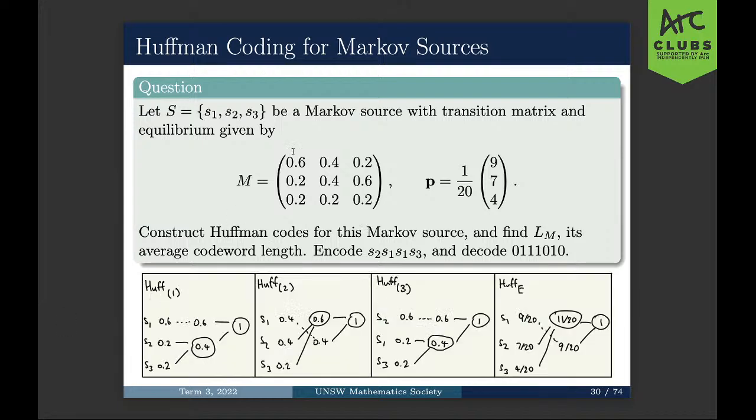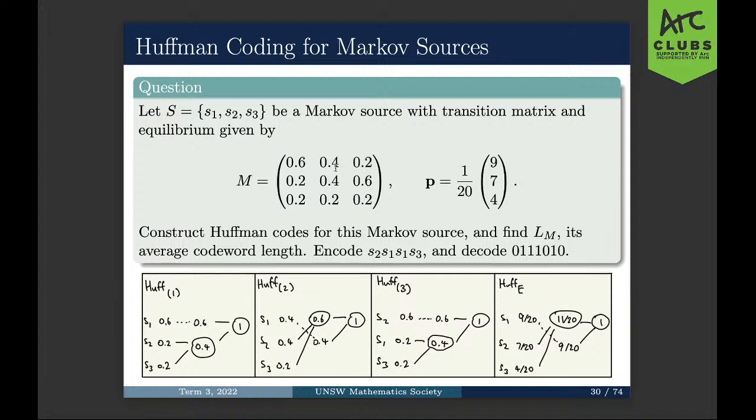For Huff1, you label S1, S2, S3 as 0.6, 0.2, 0.2 as a column here. You merge two of them at a time because we want a binary one in this example, and that should give us some code words. Huff2, do the same thing for the second column. Huff3, do the same thing for the third column. And Huff-E, you do it for these equilibrium probabilities.